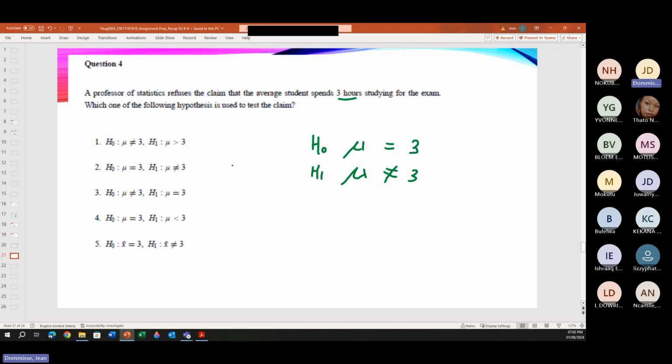Okay, so that is wrong. Null hypothesis is equal. Alternative is not equal.